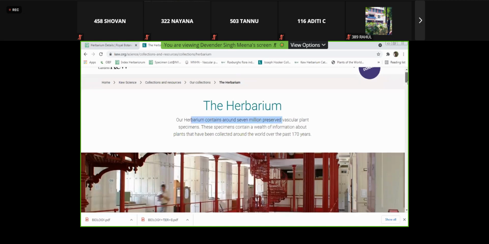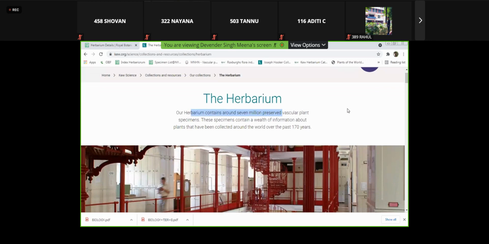Okay, so it is indeed a very huge collection, and they have collected it in the past 170 years. As I told you, since they were exploring different parts of the world, and before them actually Linnaeus and his students were exploring different parts.